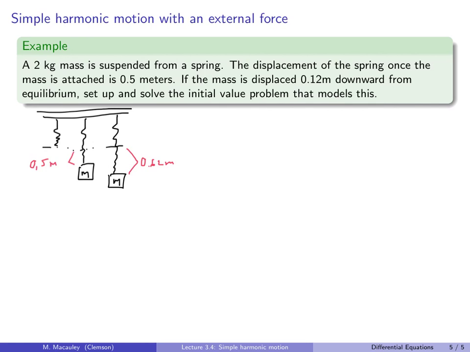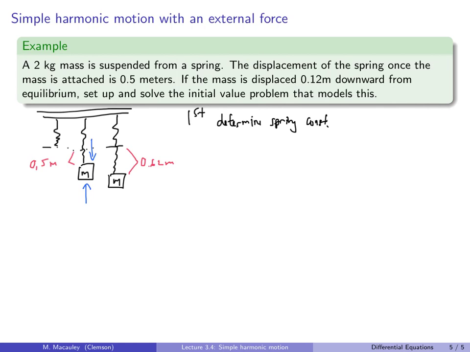So the first thing to do is to determine the spring constant. So let me write this down. Determine the spring constant. At equilibrium, when the mass is hanging here, motionless, that means the gravitational force, we have a force going down.